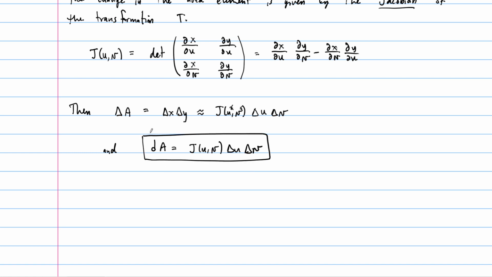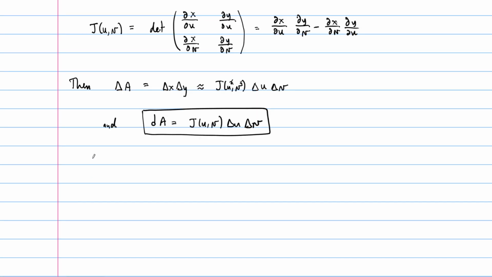So our integral now transforms. If we have a double integral over a domain R of some function f of xy dA, then what's it going to become? Well, I'm going to put dA of xy here. So you could write this as dA of uv. So I'm going to write it that way, actually.